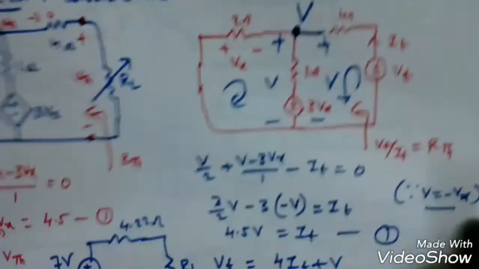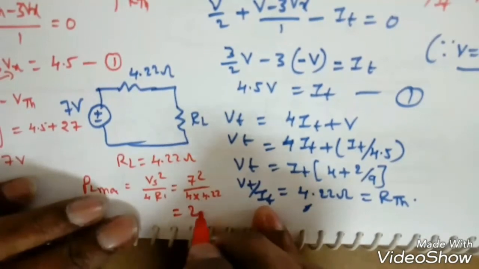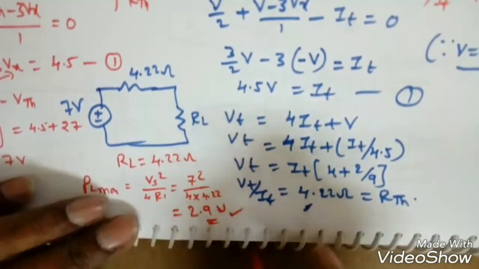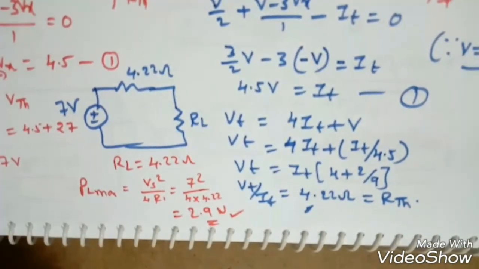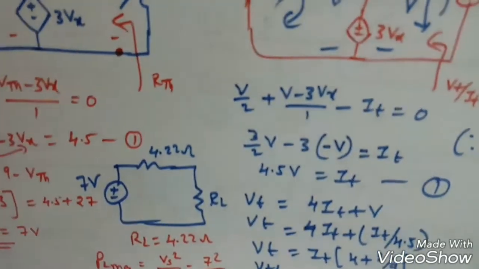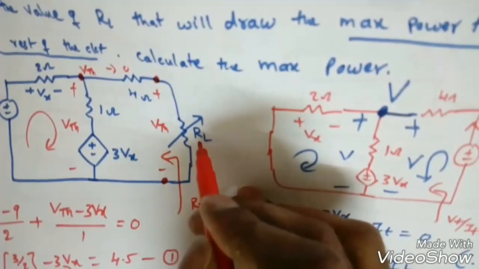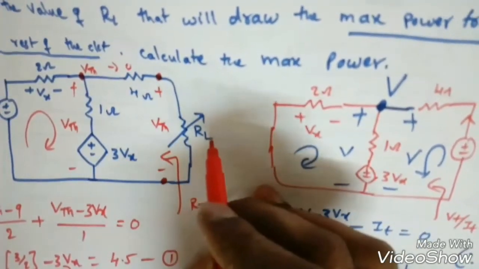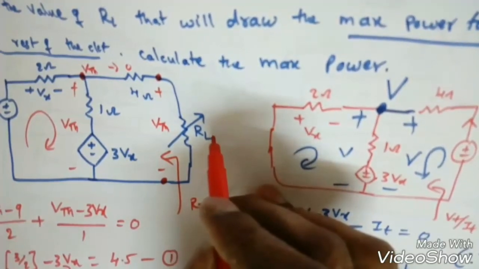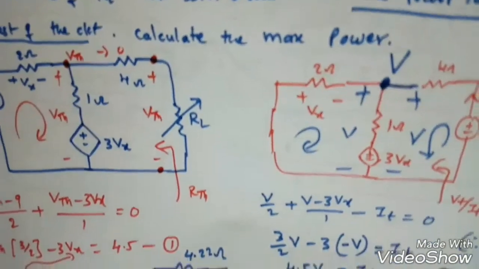So approximately you can get here, I think 2.9 watts. This is the maximum power to the load. So this is how we do the derivations or solve questions like this. Similarly, it can be RL plus J into XL, depending on this one. So we will do those problems in the next session.